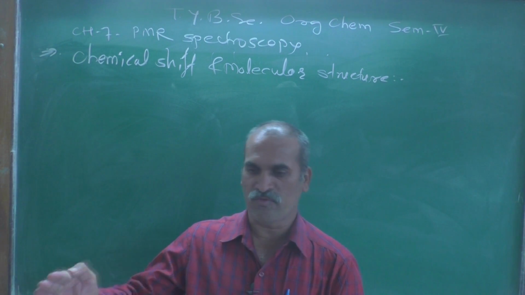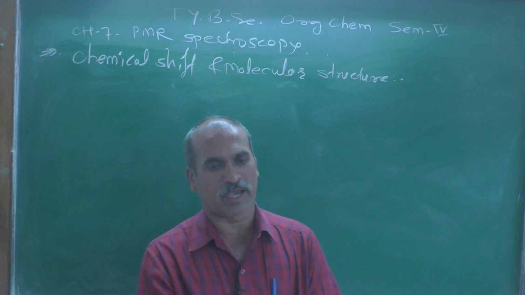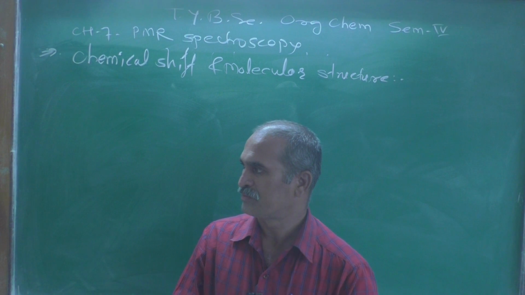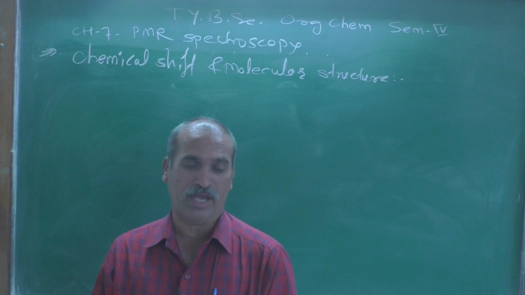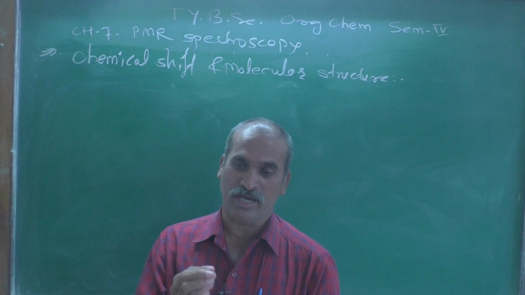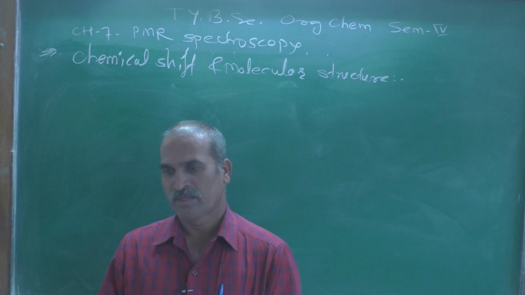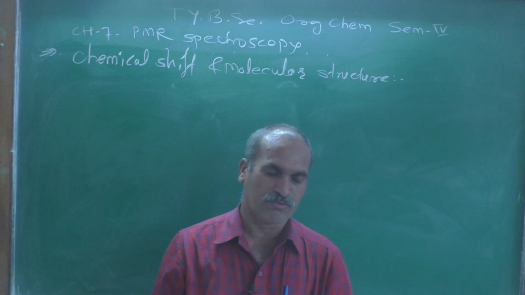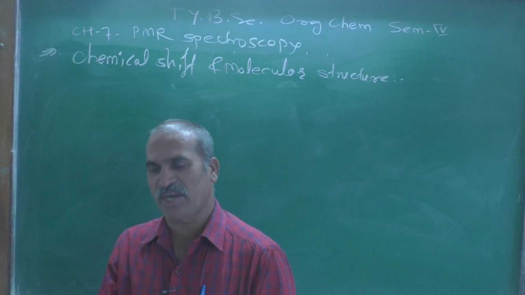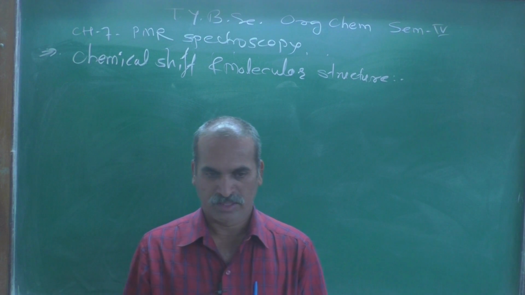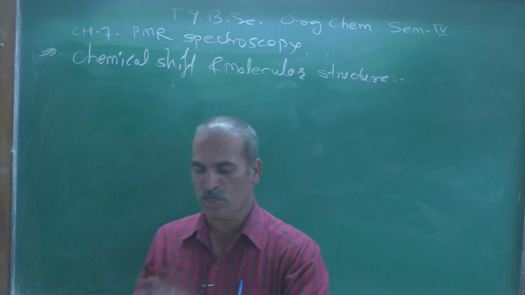In the same way, if you replace chlorine by the bromine atom, which is further down the group, we know that the general trend of electronegativity goes on decreasing from top to bottom. The same trend is observed in the chemical shift from top to bottom.